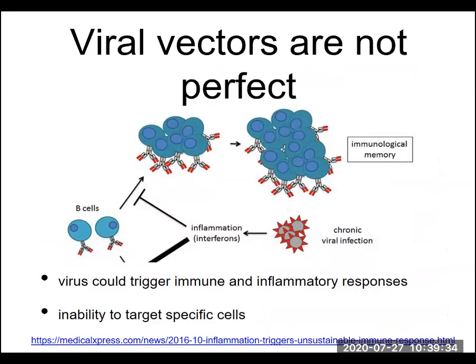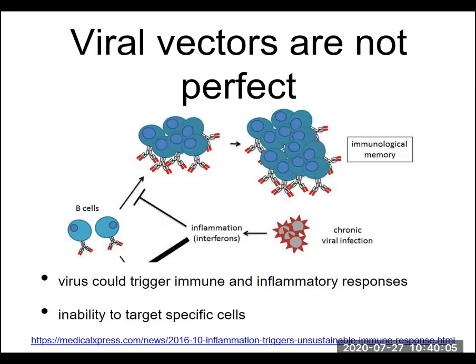The body's going to attempt to figure out where the virus is and attack the virus as individual viral particles, as well as attacking those cells that have been infected with the virus. And so when we have this gene therapy going on, we're often going to see immune and inflammatory responses, kind of similar to what we would see with an organ or a tissue transplant. We want to try to minimize the rejection.